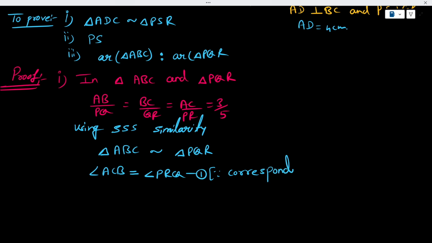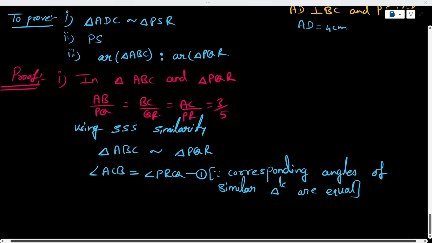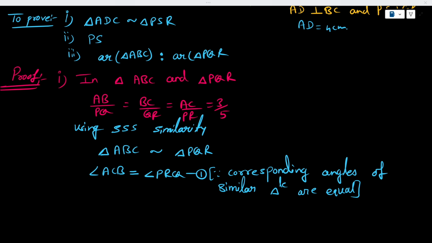We can write down here corresponding angles of similar triangles are equal. You know that the corresponding sides are always in equal ratio, and corresponding angles of similar triangles are always equal, right? After that, what are we going to take here? We got this, but what is our first part?